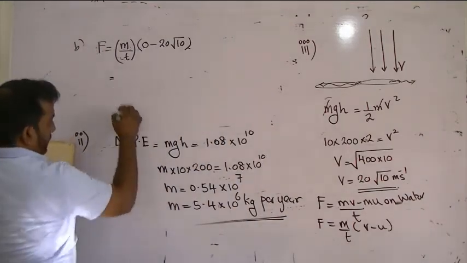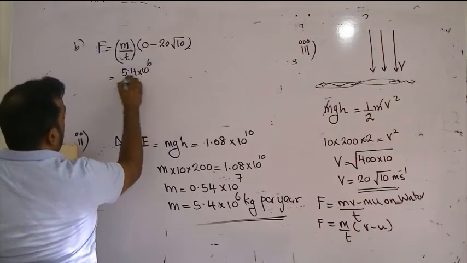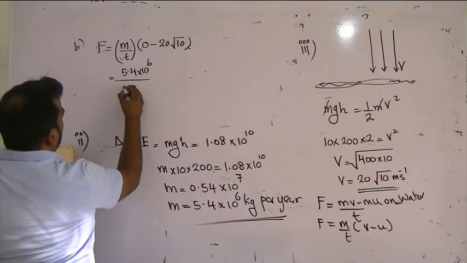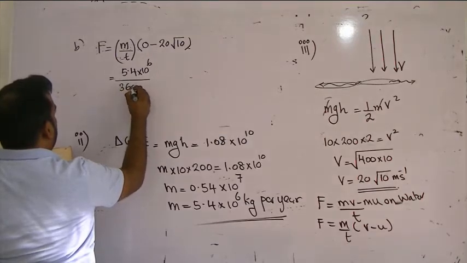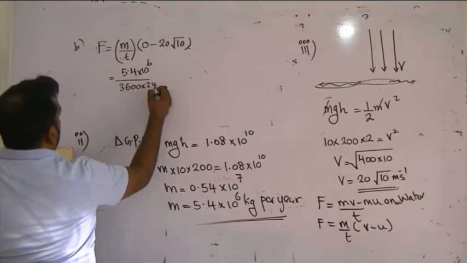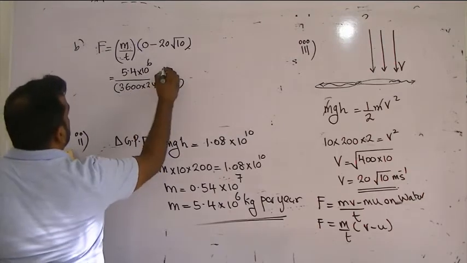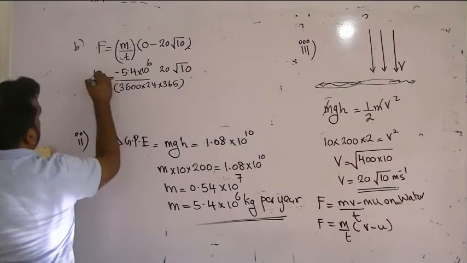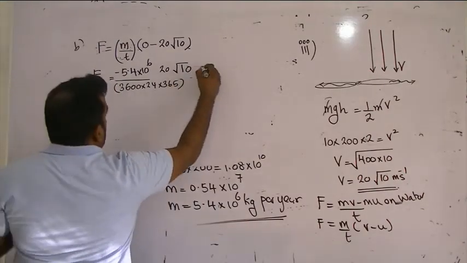So we know 5.4 times 10 to the power 6 kilograms per year. For a year, how many seconds? For a minute, 60 seconds. For an hour, 3,600. 24 hours, 365 days. Minus 20 root 10 is the force. Okay. It is the force on water.